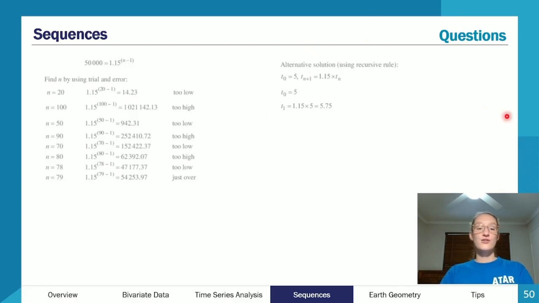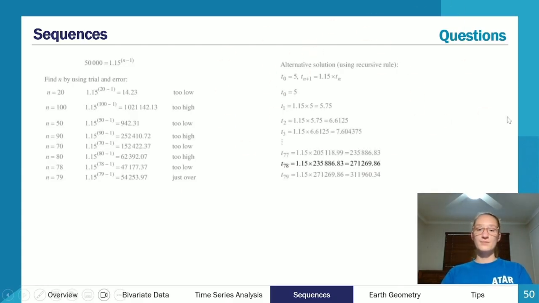And then alternatively, you could have also used recursion. So that's, for example, doing it on your calculator by taking the first term, multiplying it by 1.15, and then multiplying it by the common ratio again, and again, until you got all the way to term 78.